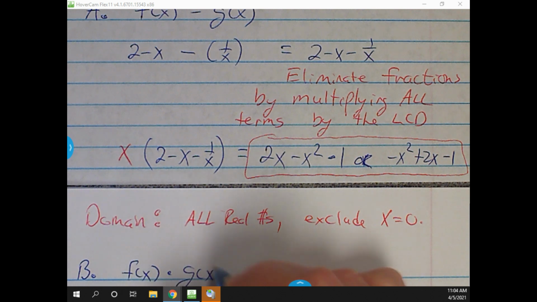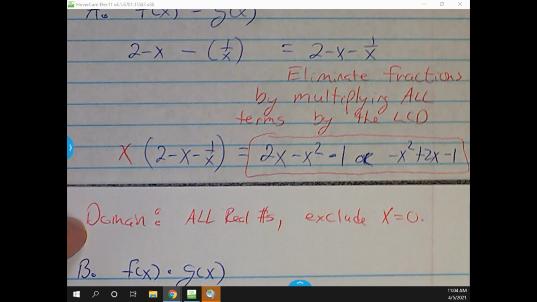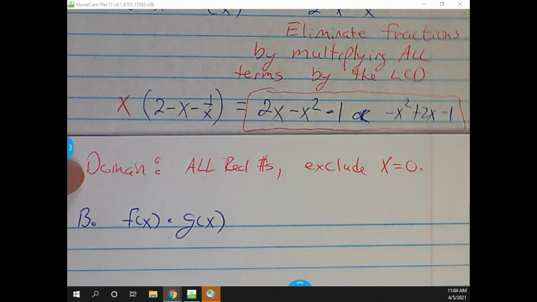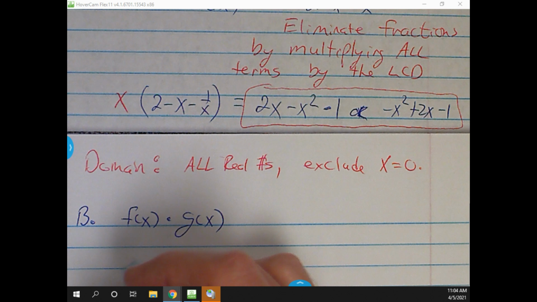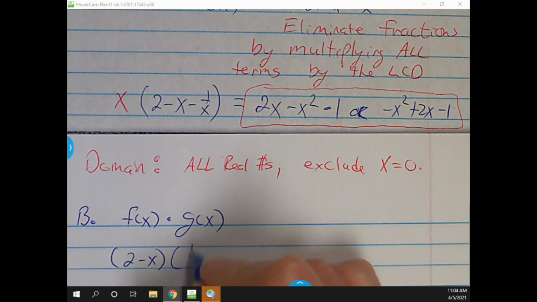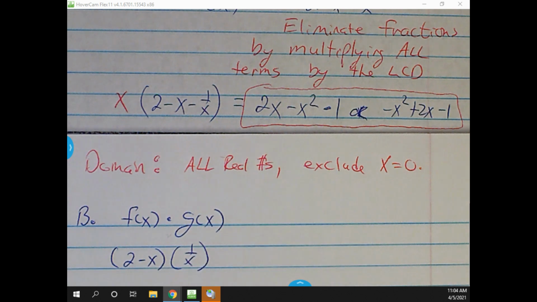Okay, I do want to show you multiplication because it's along those same lines, but just a little bit different. So we'll just make sure everybody's good with it here. So if you do f of x times g of x, that's 2 minus x times 1 over x.